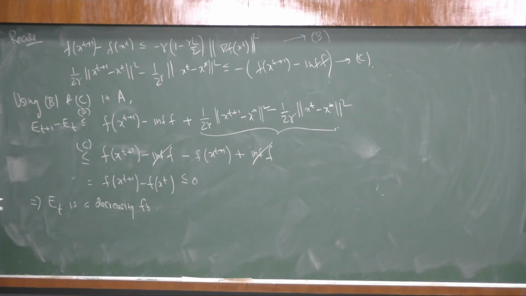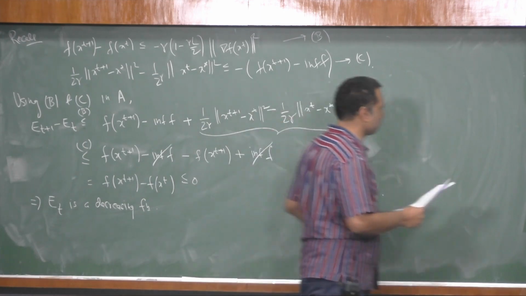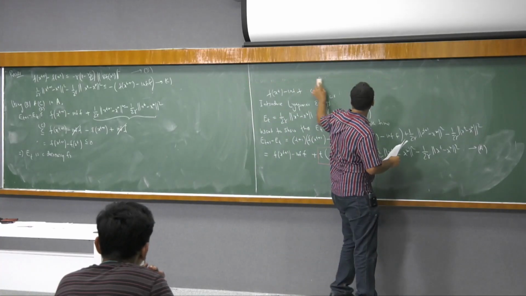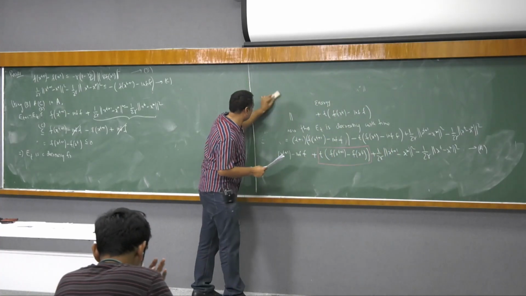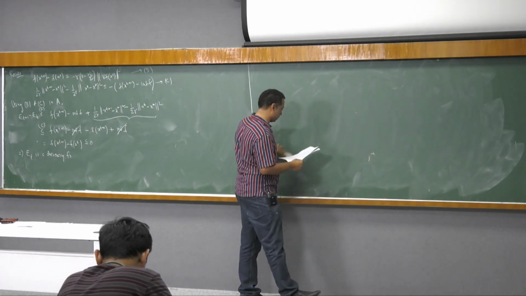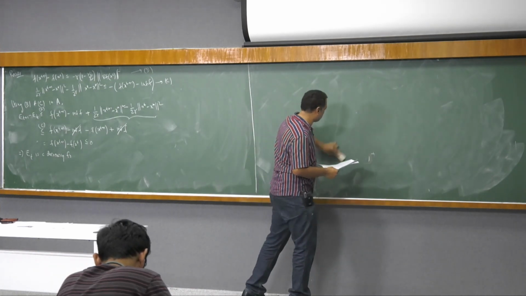Okay, and then the notes say something which I have to check. So let us see what is the next step. This next step is the kind of the final step in the proof. Okay, just one line.